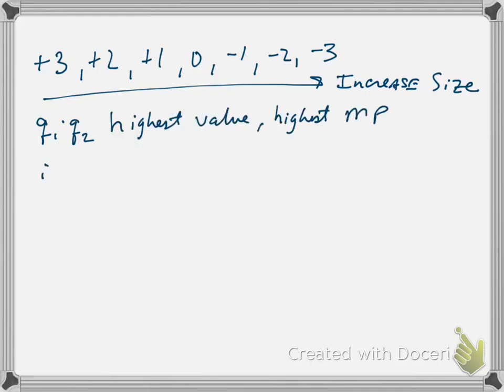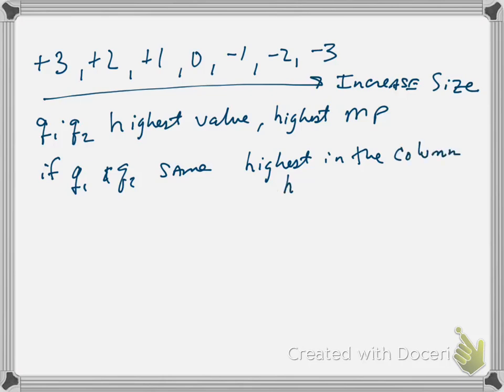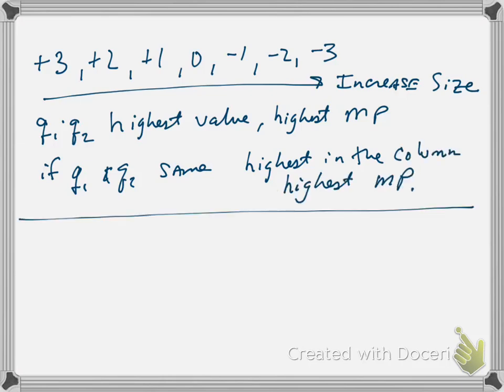So for Q1, Q2, the highest value of the two charges has the highest melting point. If Q1 and Q2 are the same, then the highest in the column will have the highest melting point. Right? So that's the general rule.